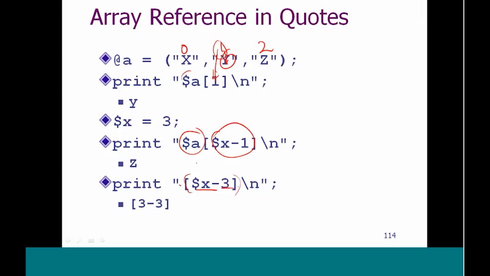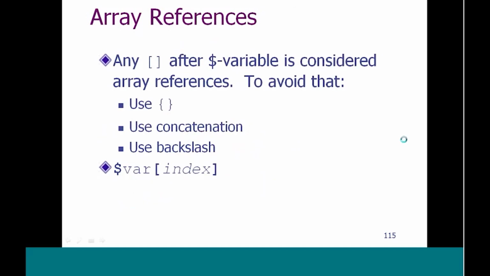Now we have another question. If you want to print this out literally, as an expression, what do we do? One thing to note is that square brackets after a dollar variable are always considered an array reference.